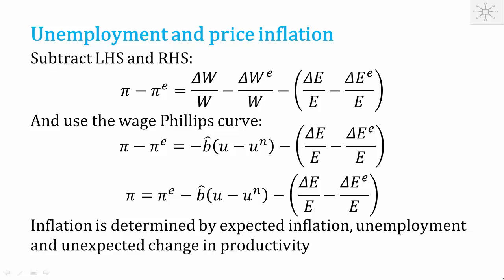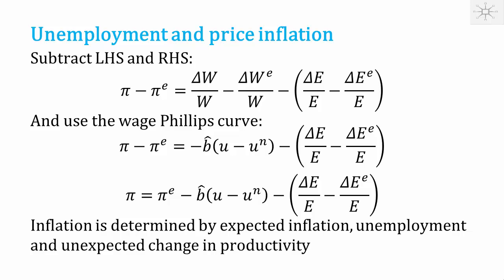And now that we have this, we can just use our equation for wage growth, and the equation for wage growth implies that the difference between wage growth and expected wage growth is minus beta times the deviation of unemployment from the natural rate. So we substitute that in place of this deviation of wages from expected wages. And there we have the Phillips curve. We can just move the expected inflation to the right-hand side if we want.